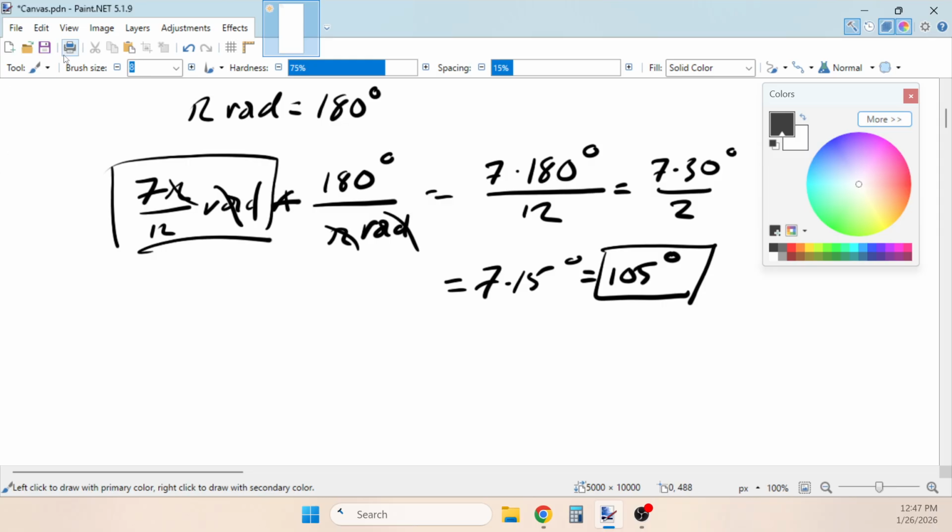So let's see. I hope that helps. Convert radians to degrees, degrees to radians. You put this into the spreadsheet lots of times.